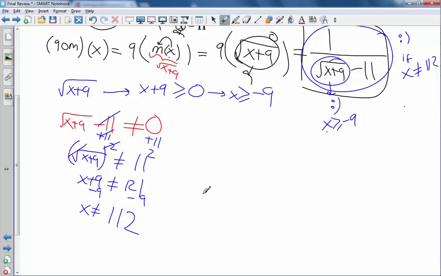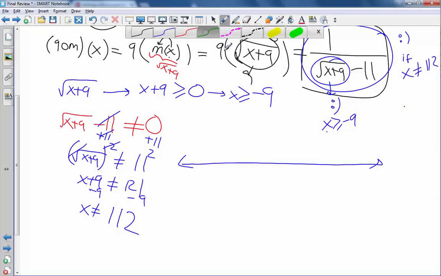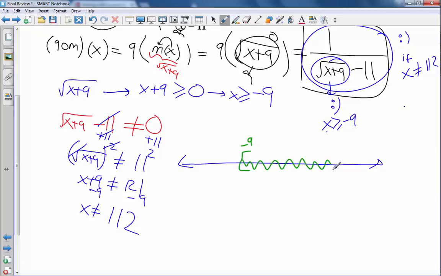So let's take a look at this in the picture. First function says, give me all the values more than -9. Where is -9? Here. As long as you give me a value from this green zone, I'm smiling. This function says, yeah, I like the green zone, but don't give me 112.